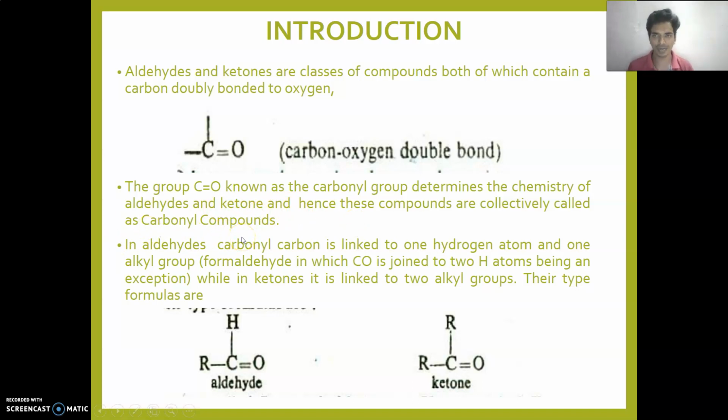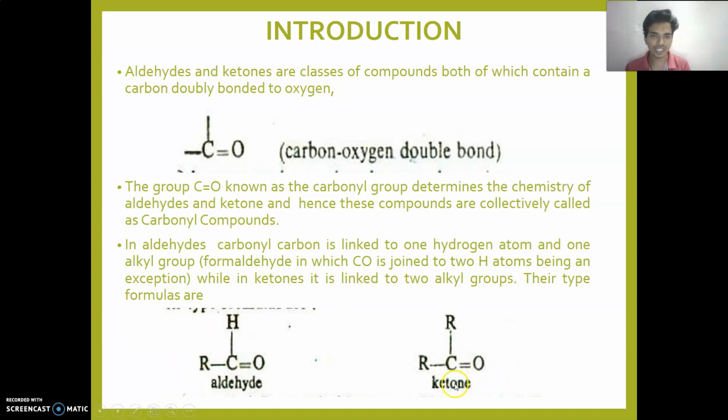Why is it called carbonyl? Because ketone and aldehyde contain C double bond O as the determining functionality. So in aldehydes, the carbonyl carbon is linked to one hydrogen atom. Here the aldehyde carbonyl group containing carbon is attached to one hydrogen atom and one alkyl group.